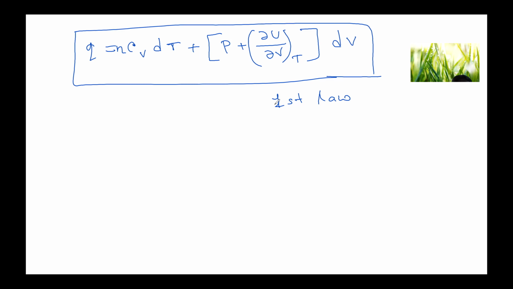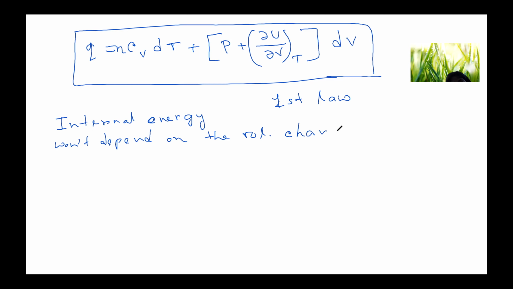For an ideal gas, what do we know? There is no intermolecular interaction present within the system, so internal energy will not depend on the volume change of the system.